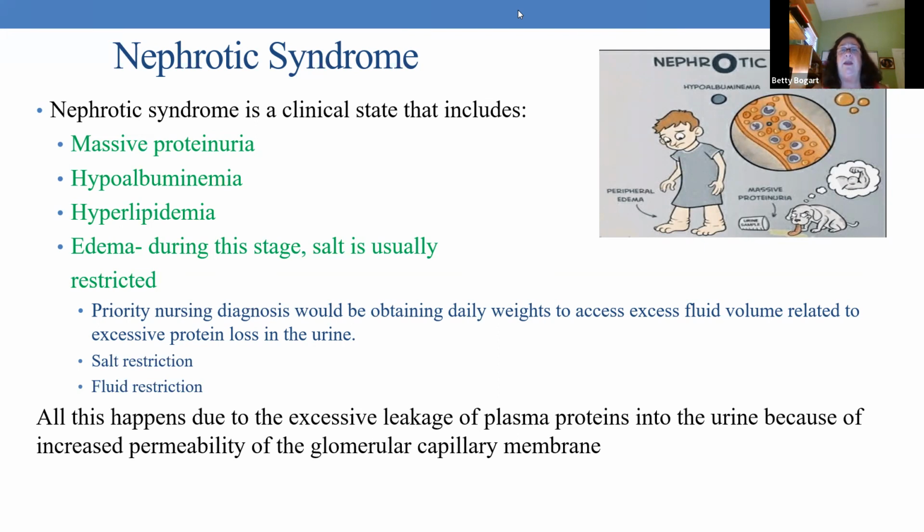They're gaining weight, so daily weights are important. Salt restriction, fluid restrictions on these children, because we want to get rid of that fluid. And we treat these children with just steroids, and it does help. It is lifelong. It's not something that we can say was due to something and cure it. Again, a lifelong thing.